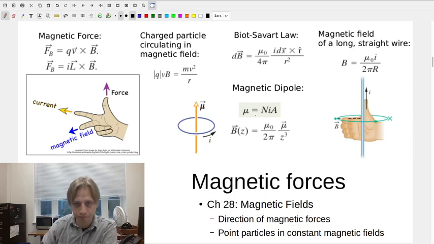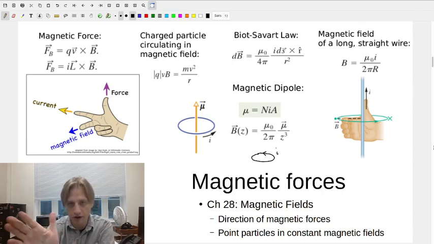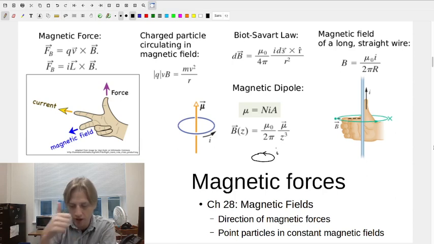And so our magnetic dipole is our model where we have a loop of current like this. So that's our I. And if you loop the fingers of your right hand around that loop, then your thumb is pointing up in the direction that the magnetic moment is pointing.